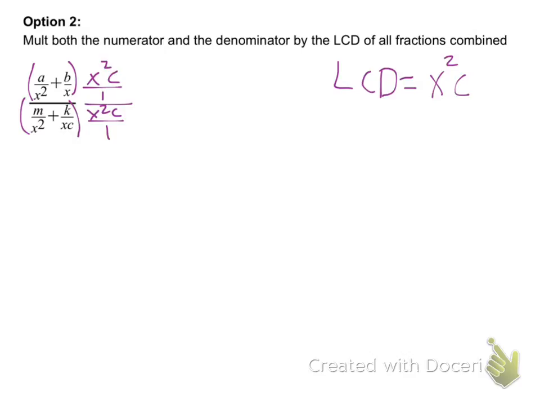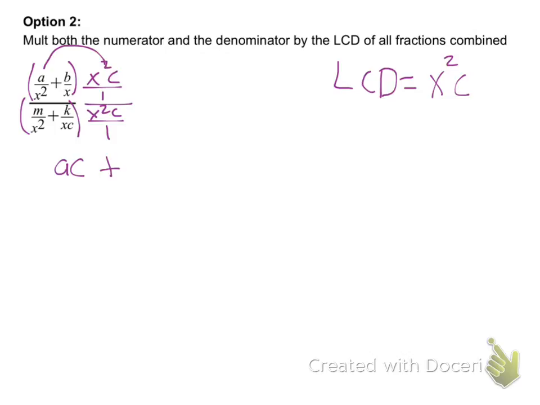But here's the cool thing. As I'm distributing this through, like x squared c times a over x squared, what's going to happen? The x squareds cancel. And so what am I left with? An ac. The a that's already there and the c that's left over.